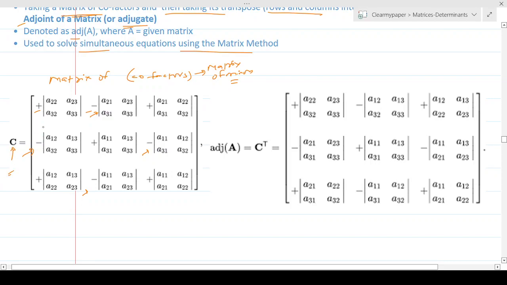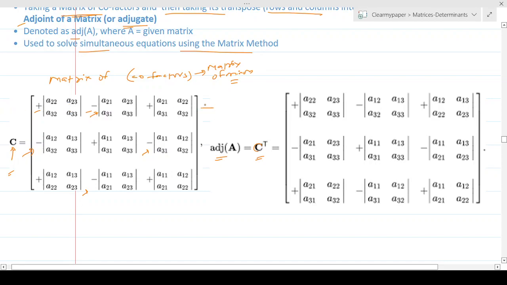And if you just take a transpose of that, again, what is the transpose? Rows become columns and columns become rows. If you see here, C, it's not to the power, but in the place of power, it's called the transpose of the cofactor matrix. So whenever you take a cofactor matrix and you transpose it, what you get is the adjoint. And it's simple mathematics that you learned earlier, where you take each row.